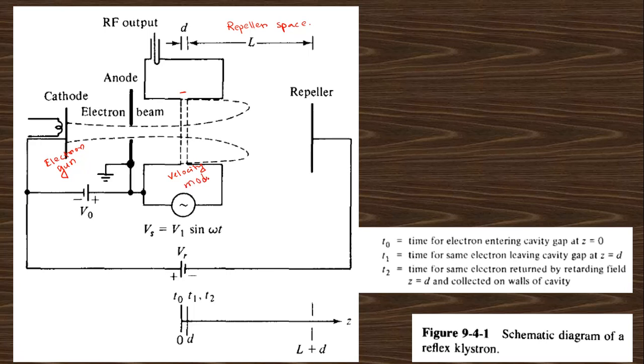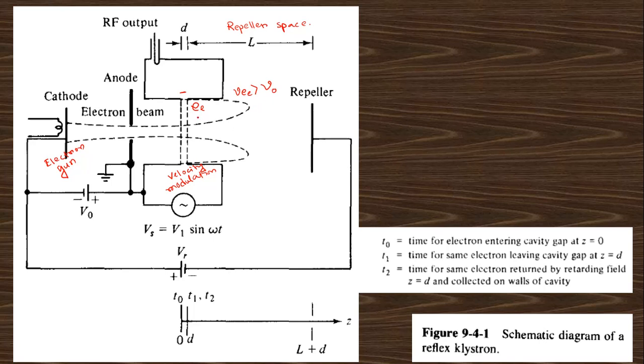After getting velocity modulation, some electrons will be faster, some the same velocity, and some slower. The early electron is the faster one, and the velocity of the early electron is greater than the reference velocity.